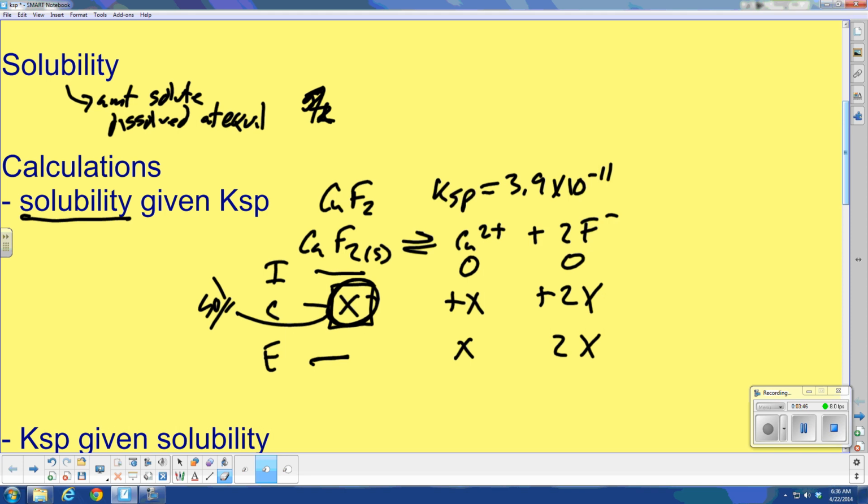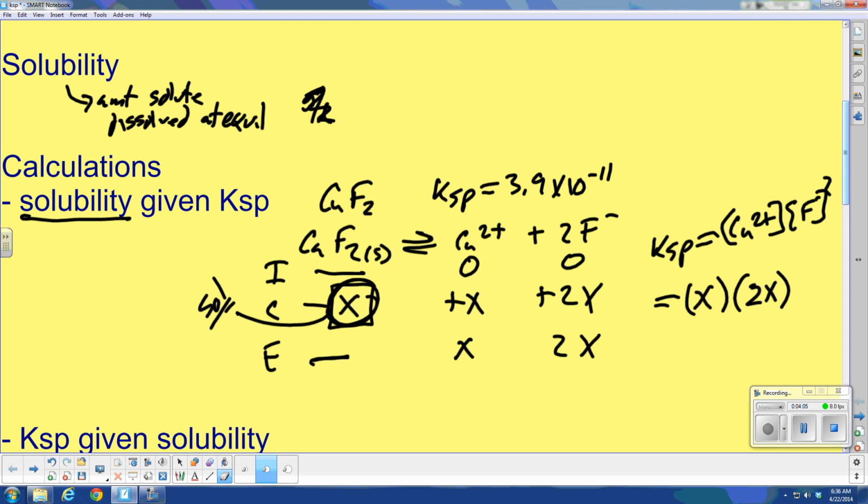Good. Well, we have our KSP, and the expression for that would be my calcium times my fluoride squared. So I would substitute. Let's drop in my numbers. I have an x here for my calcium. I have a 2x for my fluoride. And what do I have to do with that 2x? I have to square it.